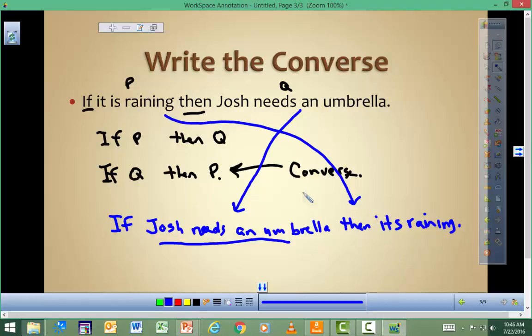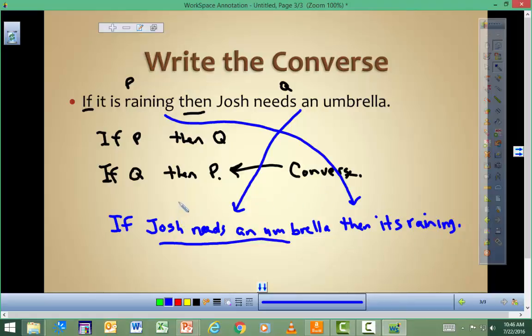Now, by the way, you'll notice that a lot of times the converse is not necessarily true. I mean, it makes sense this direction. If it is raining, then Josh needs an umbrella. But if Josh needs an umbrella, it might be because it's a really hot day and you're using the umbrella as shade.